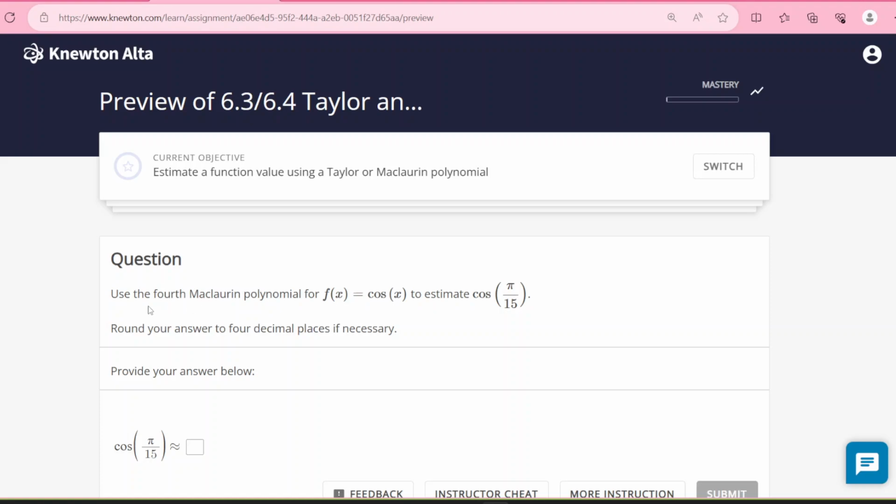It says use the fourth Maclaurin polynomial, or fourth degree, for the function cosine of x, to estimate the cosine of pi over 15 radians, and round your answers to 4 decimal places if necessary. So probably a calculator is going to be involved here.